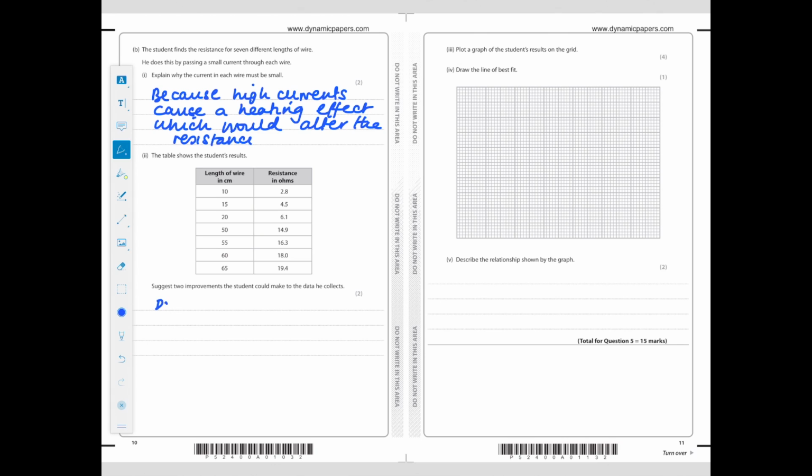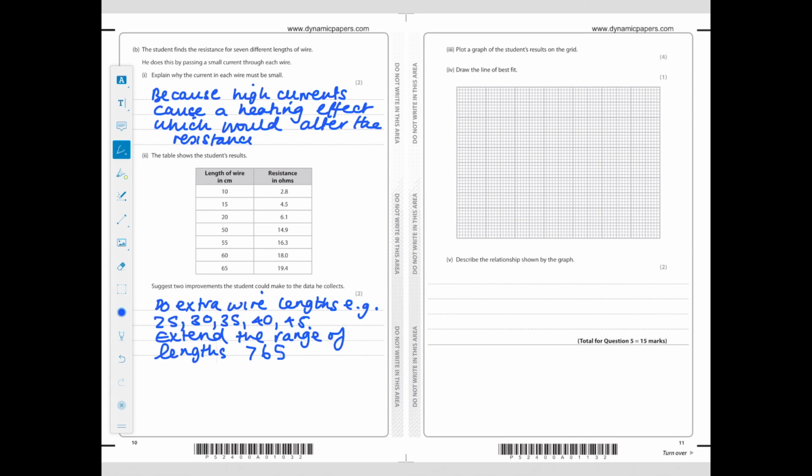So do extra wire lengths, e.g. 25, 30, 35, 40, 45, and you could also extend the range of lengths. So that could be above 65 centimetres.